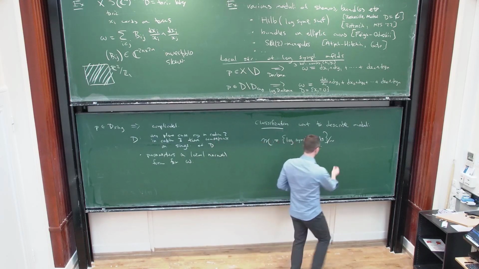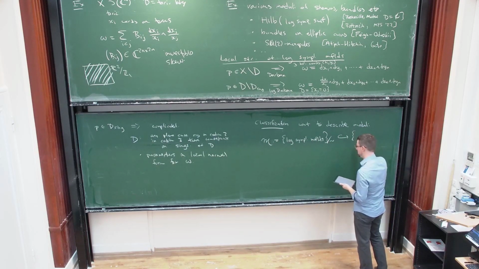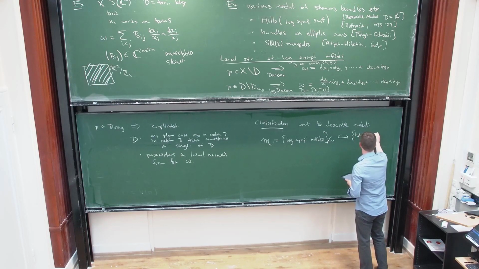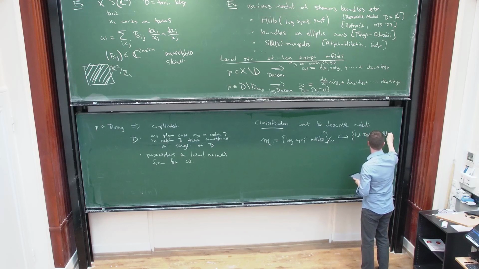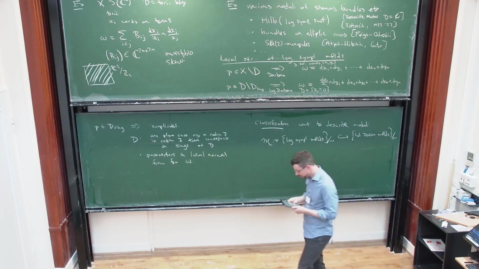And in light of what we said earlier, we can situate it in the broader context of holomorphic Poisson manifolds, which is going to be useful in a little while.